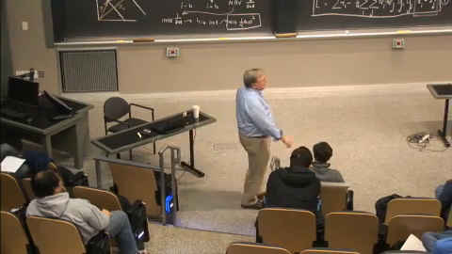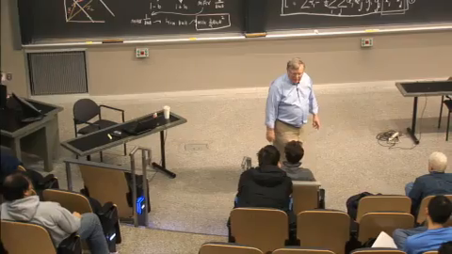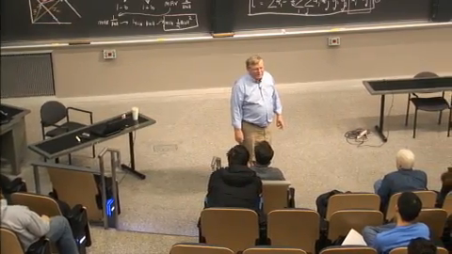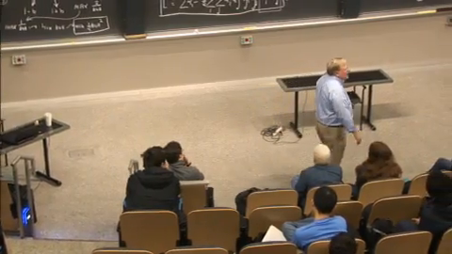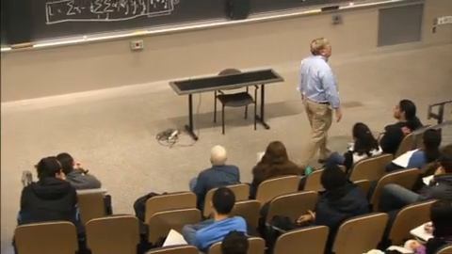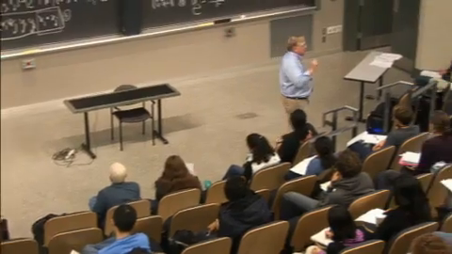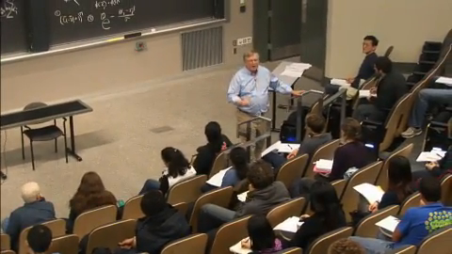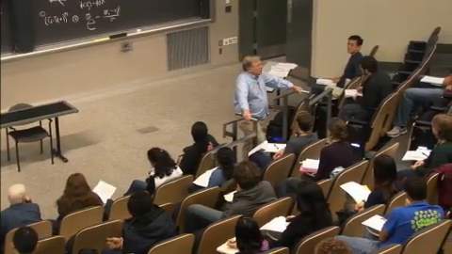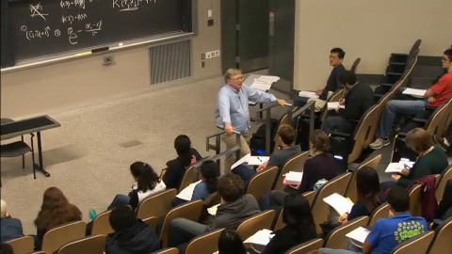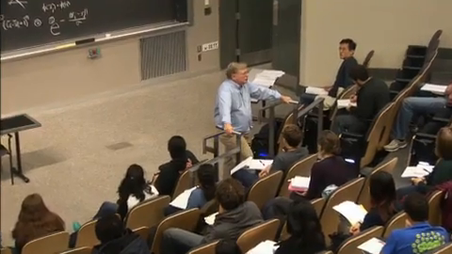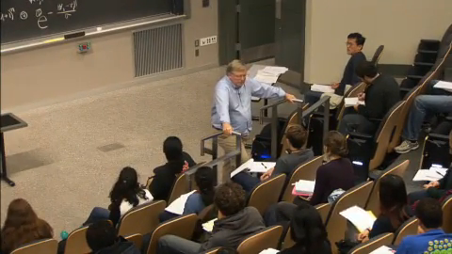Vapnik thinks that neural nets, what would be a good word to use? I can think of the vernacular, but he thinks that they're not very good. So he bets a colleague a good dinner that support vector machines will eventually do better at handwriting recognition than neural nets. And it's a dinner bet, right? It's not that big a deal. But as Napoleon said, it's amazing what a soldier will do for a bit of ribbon.